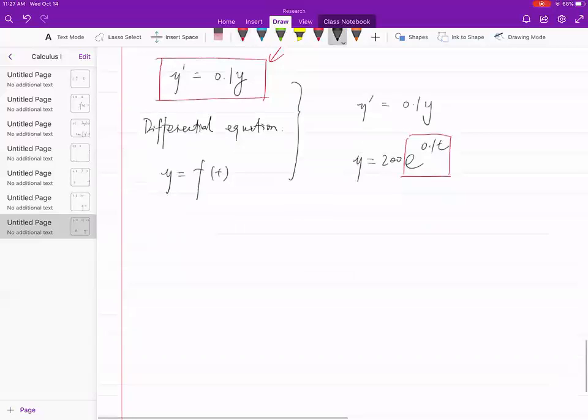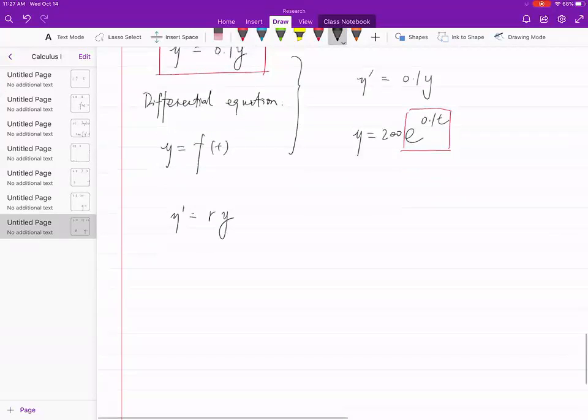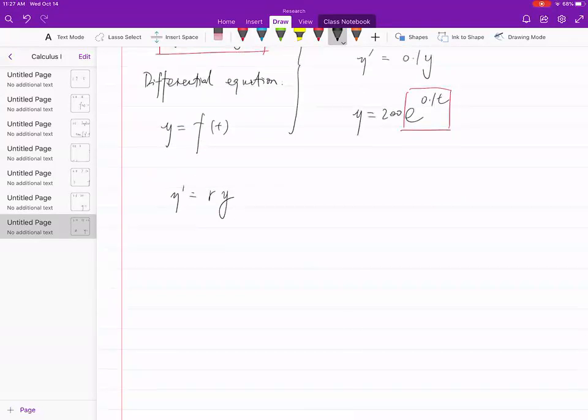Let's take a look. What does this look like? It's basically y prime equals a constant times y. To summarize in words, anything with a changing rate proportional to its current size, so let's just say itself.